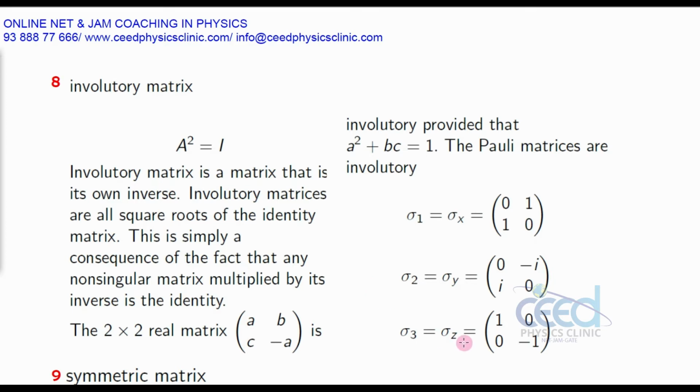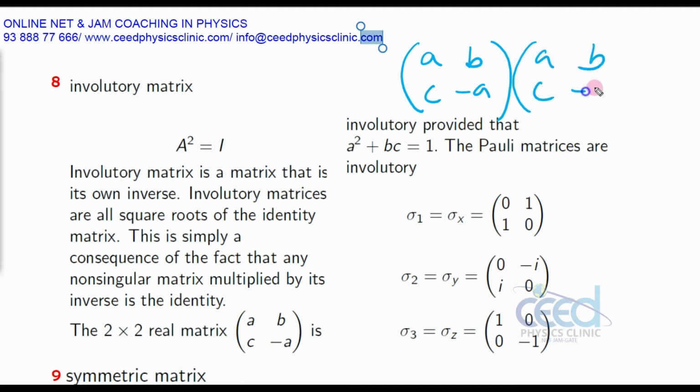So what is the square? Let us write this matrix A, B, C, minus A. Again, that is A square is equal to I. That is A, B, C, minus A. So A into A, plus B into C; A into B, that is AB, and this is minus BA.